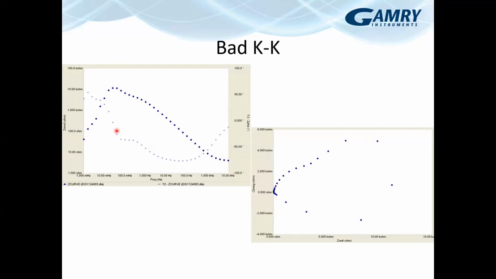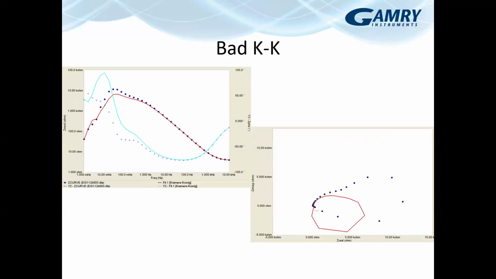This data here is clearly bad, and so we want to be able to isolate where the end of the good data is and the beginning of the bad data. So you run a KK transform, and something kind of surprising shows up. It shows that all of this data here that looked good is also bad.